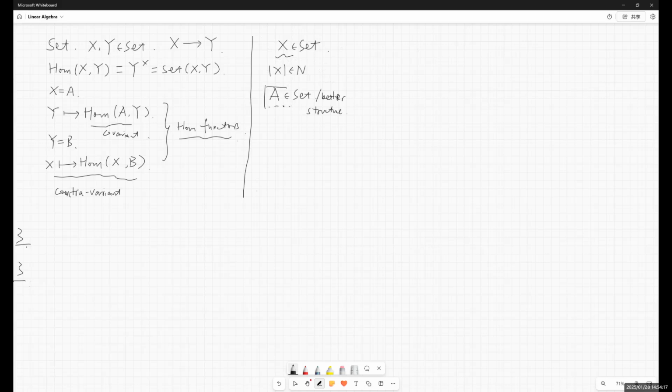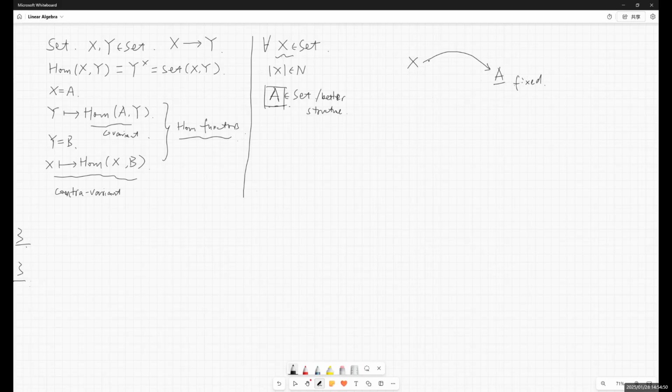Anyway, we have a set A equipped with a mathematical structure. And then we have A here, we have X here, any X. To study X, we can make functions from X to A, where A is fixed.